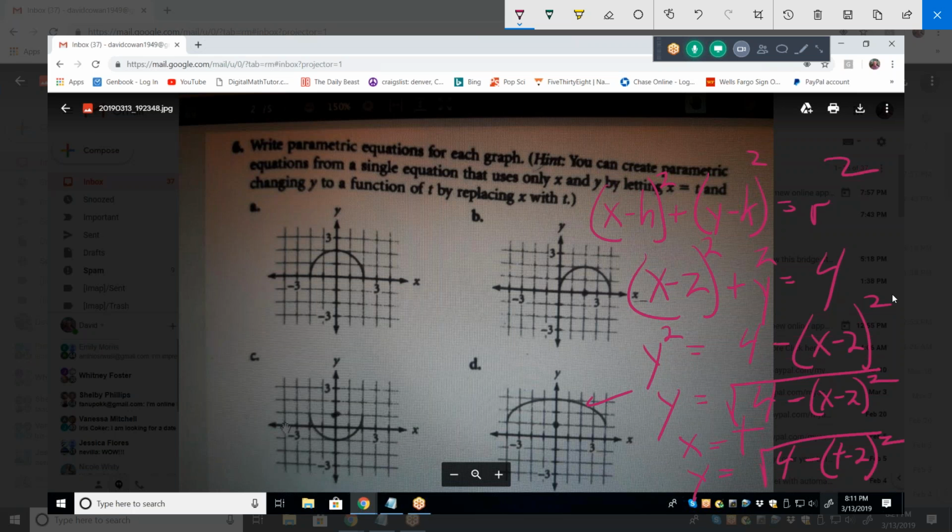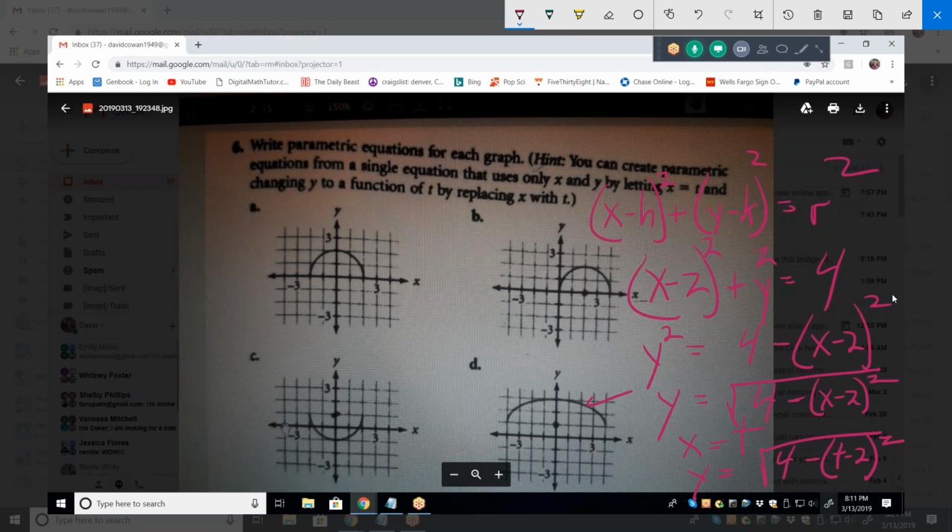I can FOIL the t minus 2, and then combine the 4 with the constant, which is going to be plus 4, so the numbers disappear and I end up with the square root of minus t squared plus 4t, I believe.